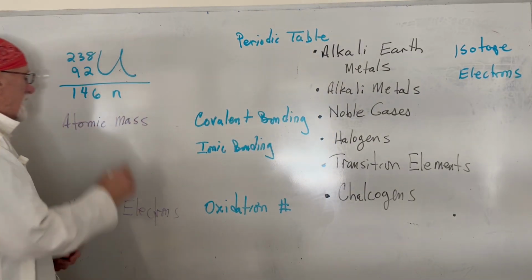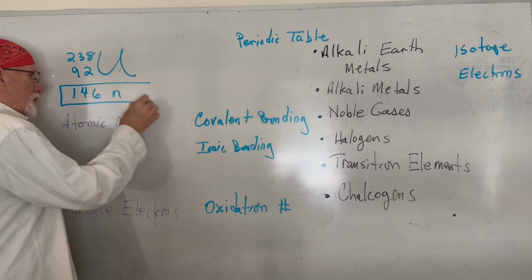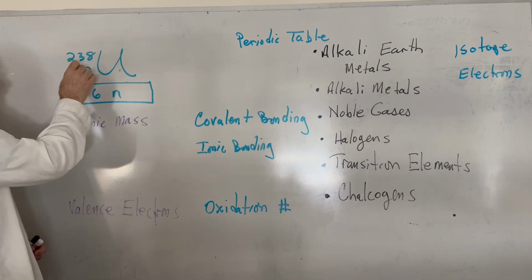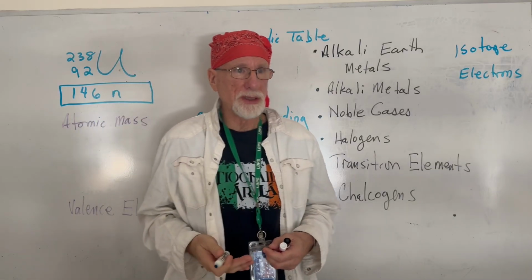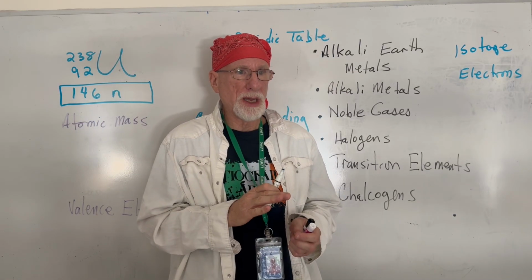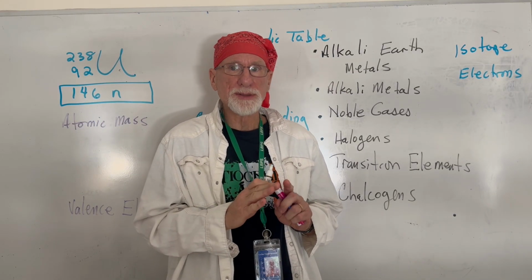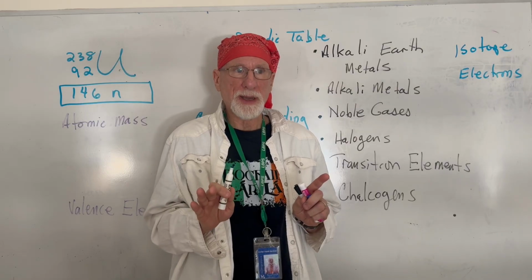So you can see here that the number of neutrons is much larger than the number of protons. So when the element gets heavier, the number of protons and neutrons varies by quite a bit.